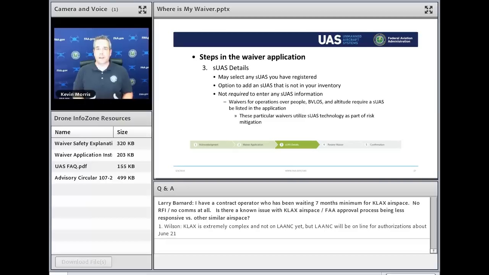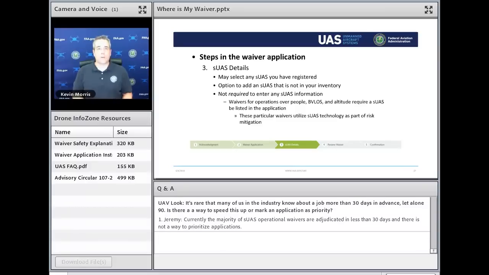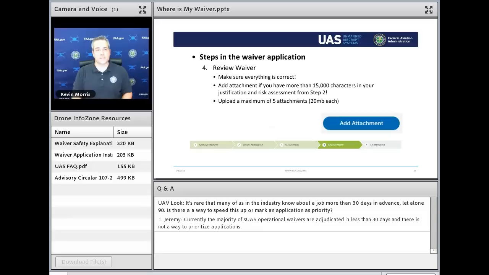The reason is those particular waivers utilize the technology that's available in the make and model of small unmanned aircraft system that you're operating as part of the risk mitigation. So for ops over people, beyond visual line of sight, or altitude waivers, you will need to put in your UAS information because we want to know what type of equipment you're using and how that equipment is going to help ensure the safety of the national airspace system.